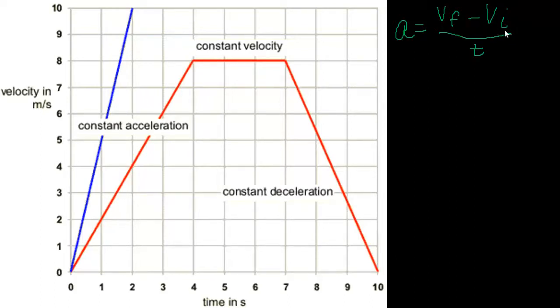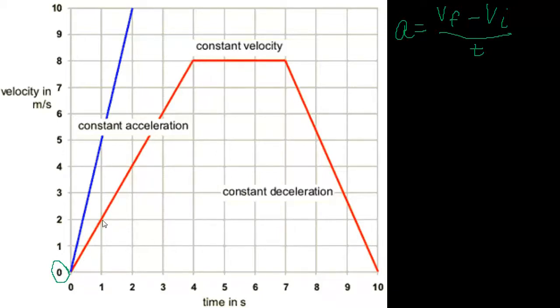Most of the time when we're doing equations in this class, VI, or the initial velocity, is going to be 0. Or another way to think about it is that we are going to use our acceleration equation as if something was starting from a velocity of 0, otherwise known as at rest. For example, if you take a look at our graph over here, our initial velocity is 0.